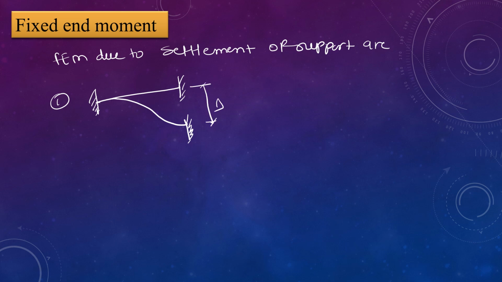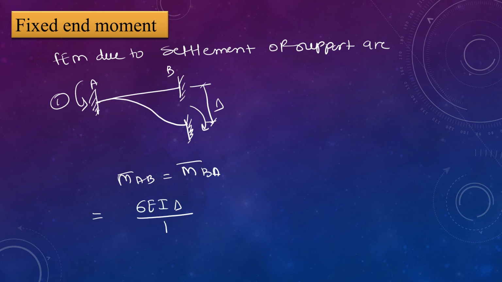Then the moment for this fixed beam, MAB, where this is support A and this is B, and the moment BA are equal, and that value is equal to 6EI delta divided by L square. The moment for both ends is the same, that is 6EI delta by L square.